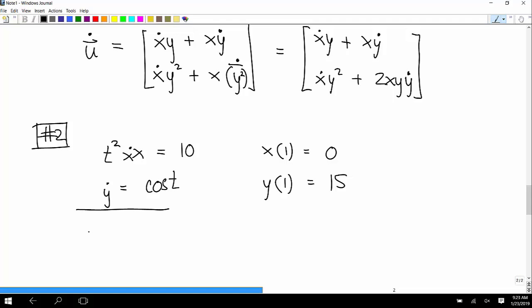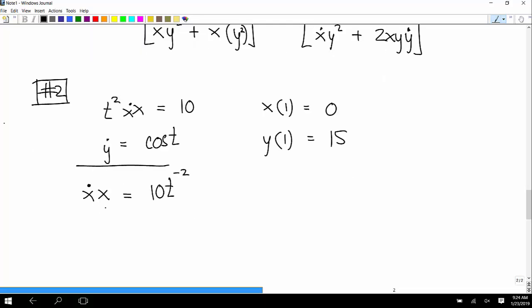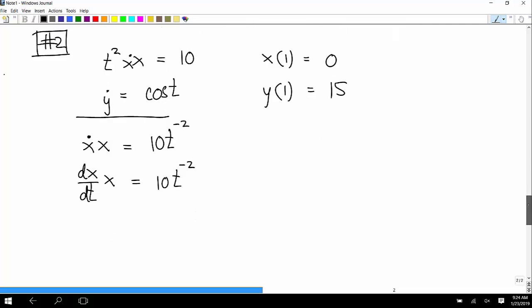So let's see. We have x dot x is equal to 10 t to the minus second. And I'll rewrite that as dx dt times x is equal to 10 t to the minus second. And multiply dt to both sides.